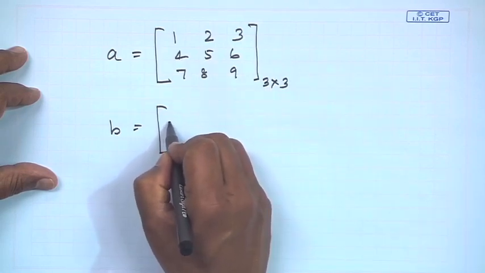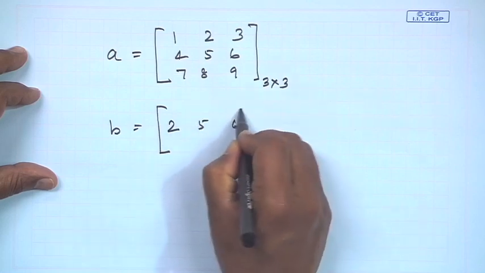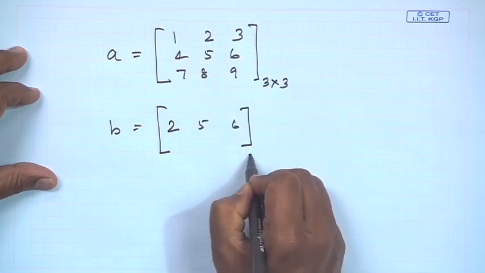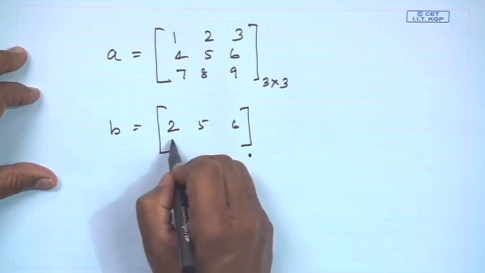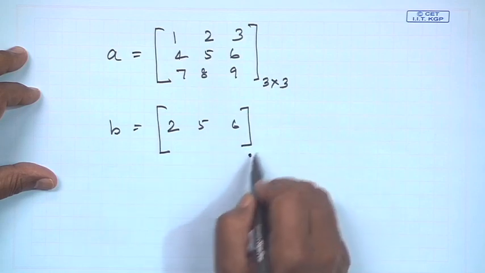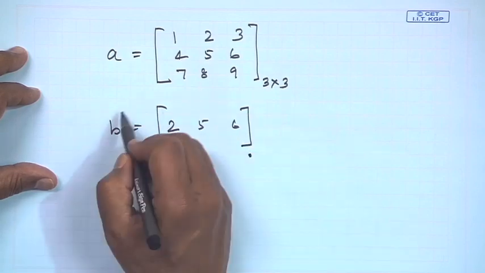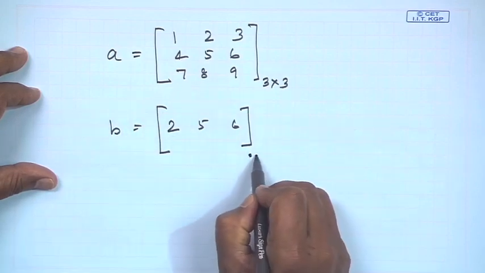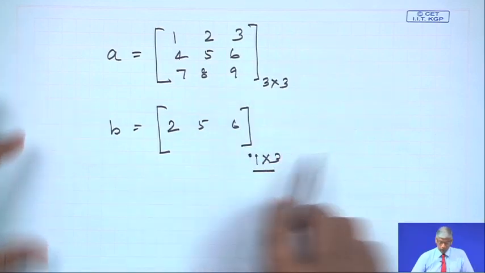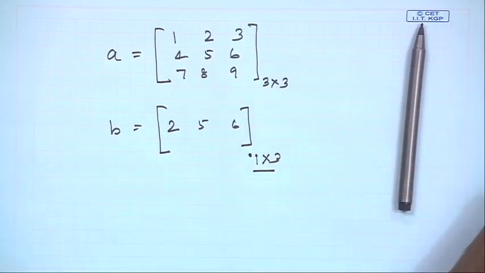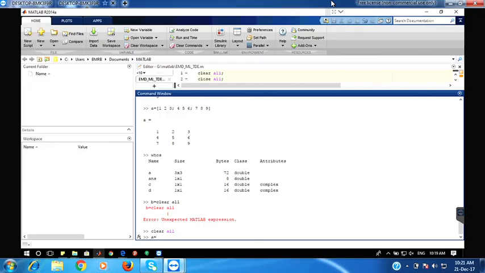B is a matrix 2, 5, 6, which is 1 by 3. So this will not allow a matrix multiplication. Let me first write A is equal to 1, 2, 3, 4, 5, 6, 7, 8, 9.